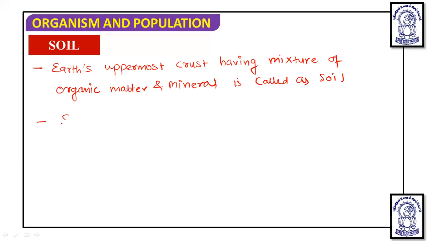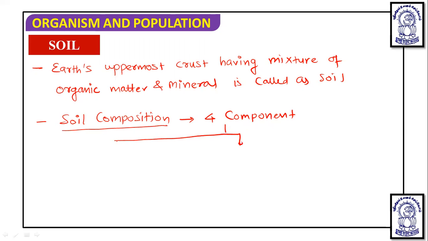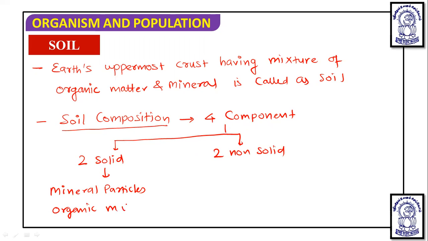So, if we talk about soil composition, dear student, soil consists of four components: two solid components and two non-solid components. The two solid components are mineral particles and organic matter.